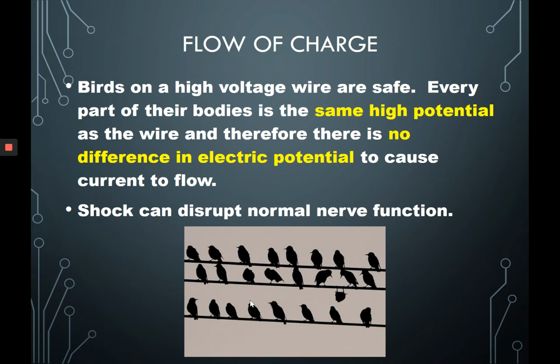No current would flow. It's the current that is damaging, not the voltage. So if you stick your finger in an outlet, it's very dangerous, not because of the voltage, but because the difference in the energy causes that current to flow.